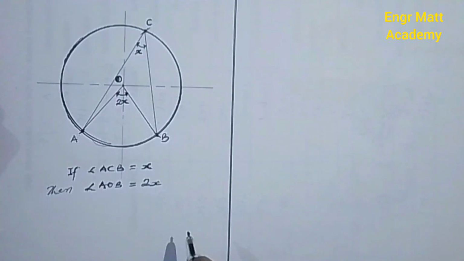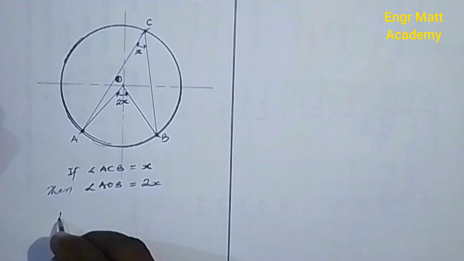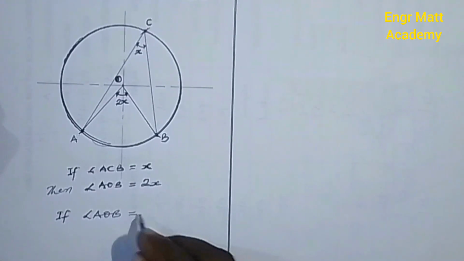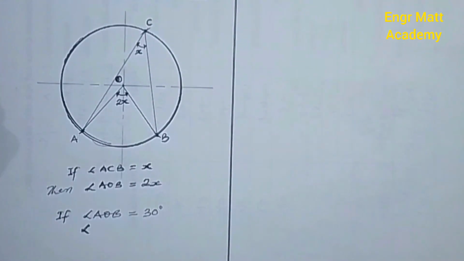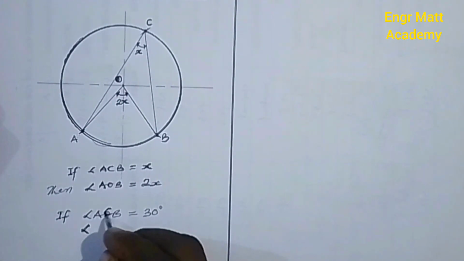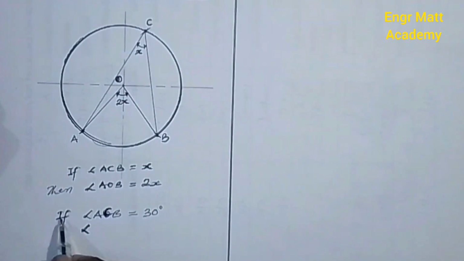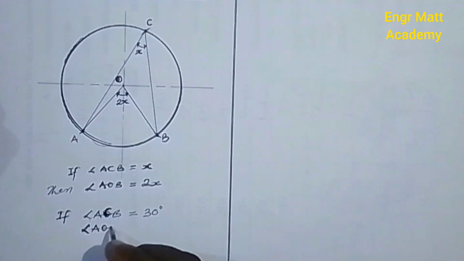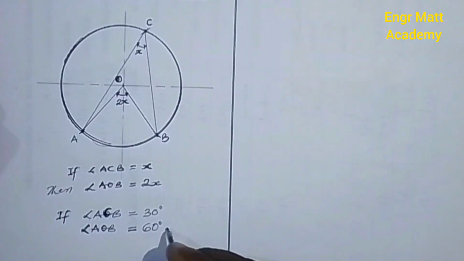2x. This means that if angle ACB is equal to 30 degrees, angle AOB will be 60 degrees.